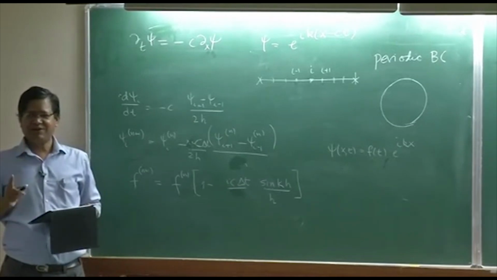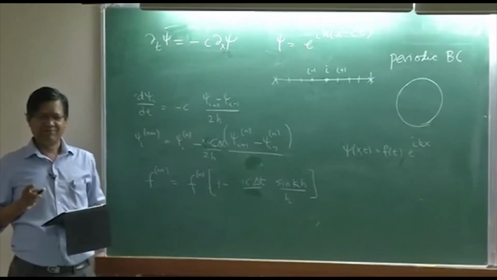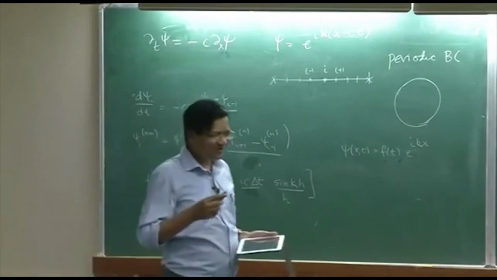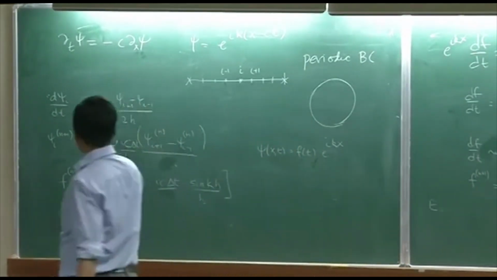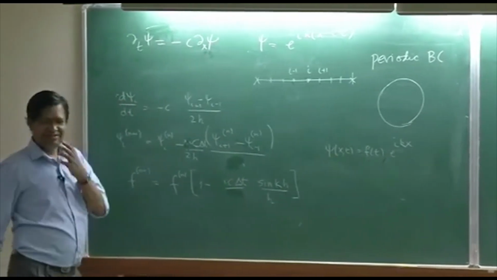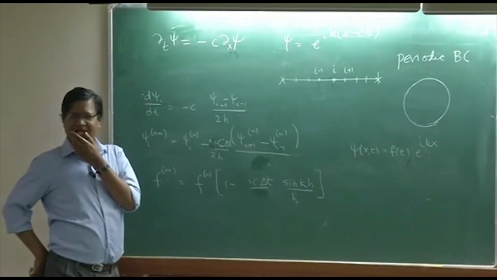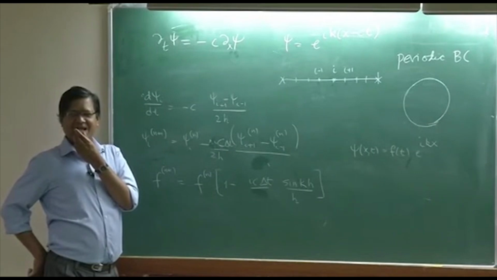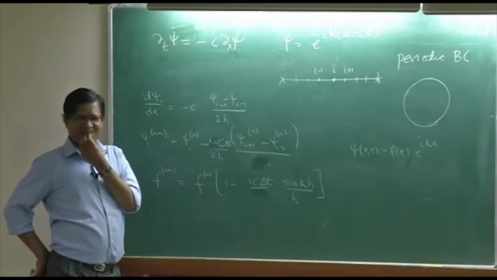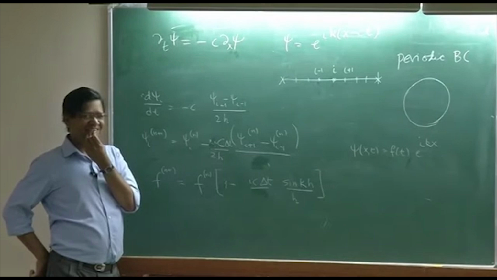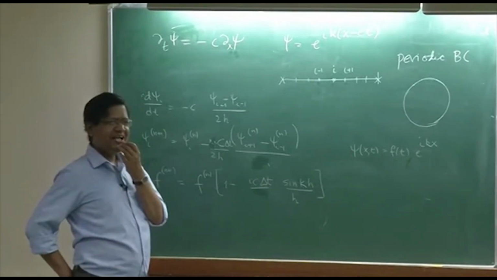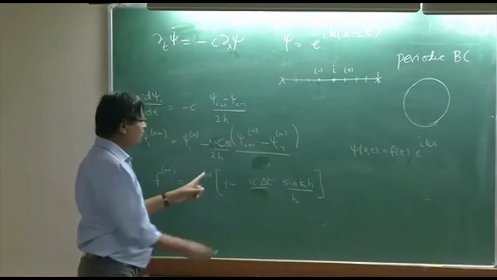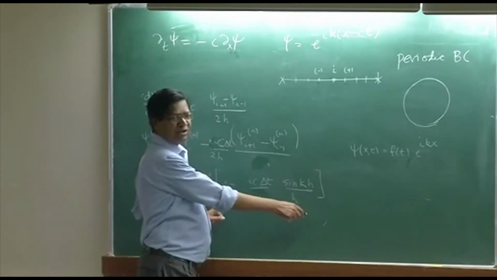Now is f stable or unstable? You have to remember what we did for ODEs. Is this solution stable? Yes or no? Why not? The modulus of this is greater than 1.